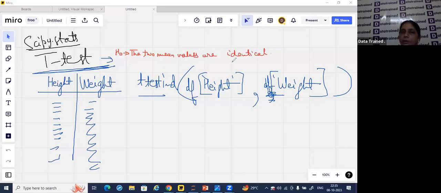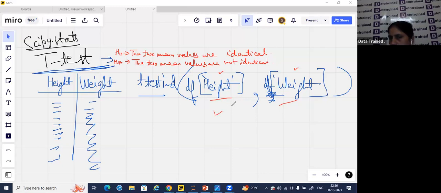This is the default null hypothesis inside the scipy.stats t-test. It means the mean of height is identical to the mean of weight. And the alternative hypothesis is that the two mean values are not identical. This is the statement.